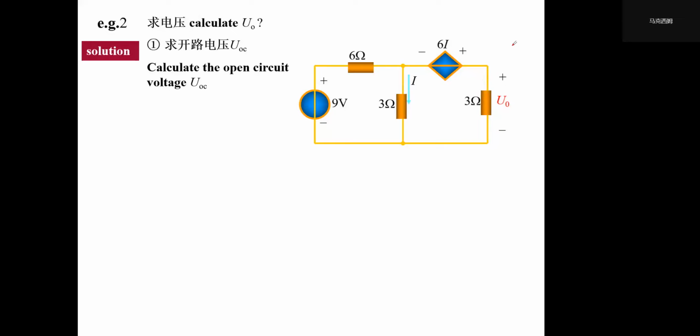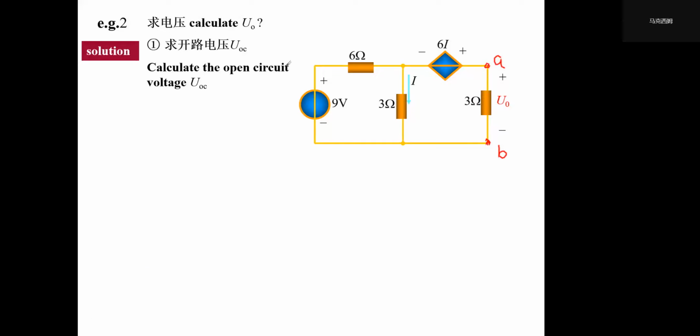So we can cut off this branch, the 3 ohm branch, and the circuit will become a typical one-port linear system.